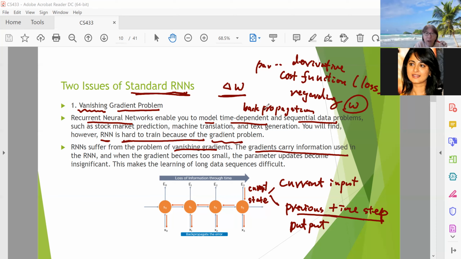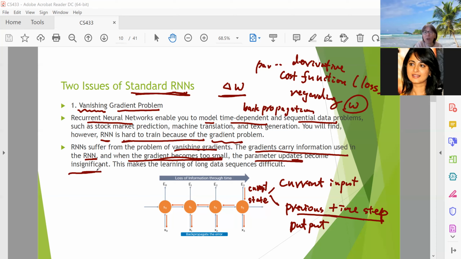But if we use backpropagation and compute the gradient, the gradient can become extremely small for RNN. When the gradient becomes extremely small, the parameter updates are insignificant.